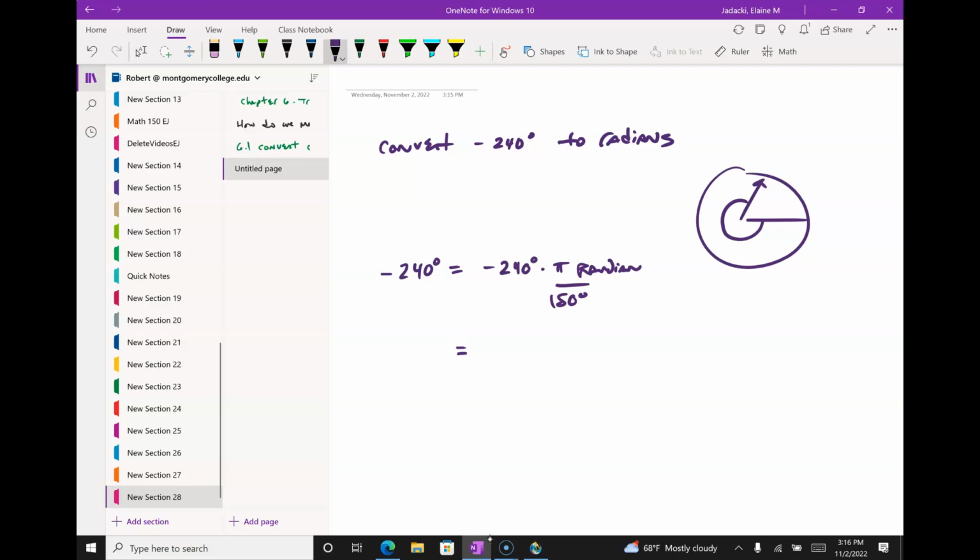It's negative, so which way am I going, clockwise or counterclockwise? That's clockwise, right? Like the hands on a clock. Sorry about that. Good, so the degrees cancel. I'm still going to keep my negative, but I get 24 over 18 pi radians.